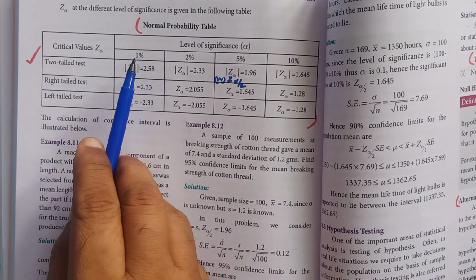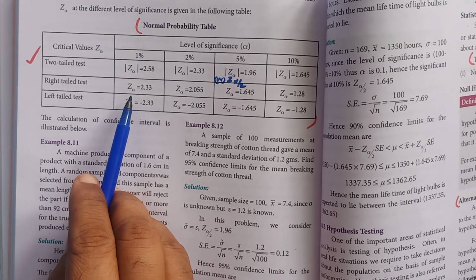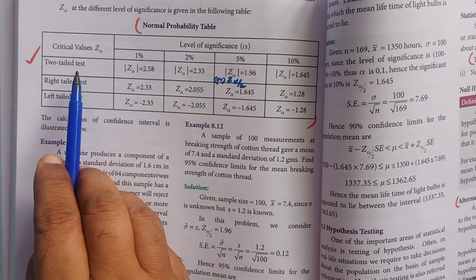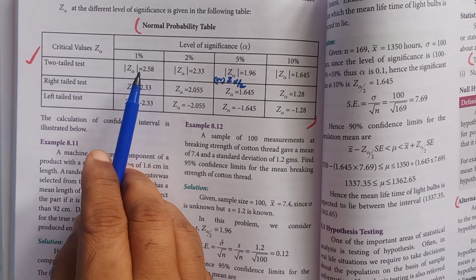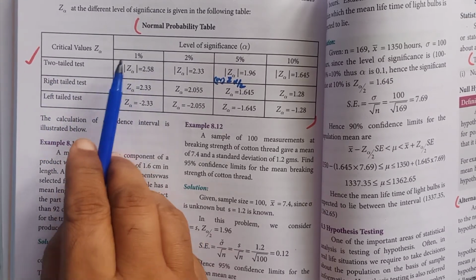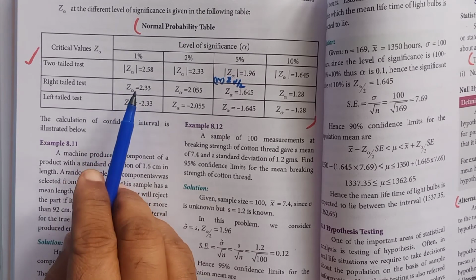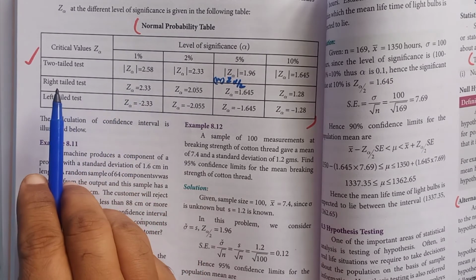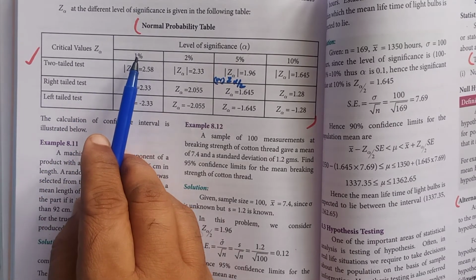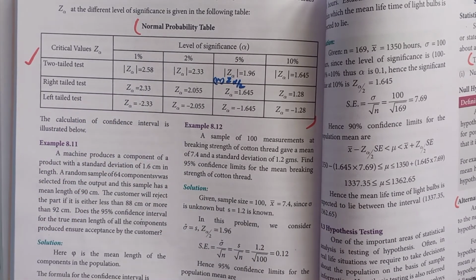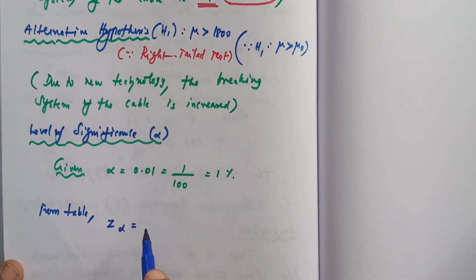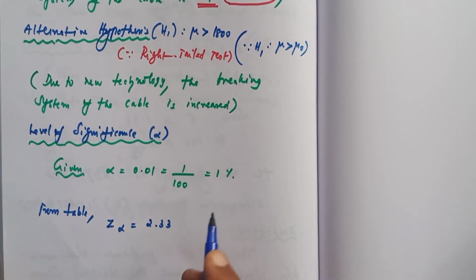Right-tailed test for 1%, the value is Z alpha. Don't mention modulus. Modulus is only for the two-tailed test, because we have a left tail as well as a right tail, both negative and positive. That's why modulus is mentioned. Here no modulus at all. So the Z alpha value is 2.33. Once again, right-tailed test 1%, Z alpha is equal to 2.33.